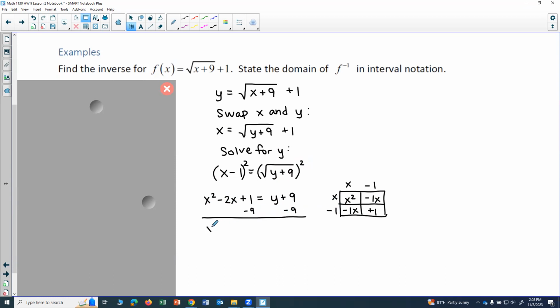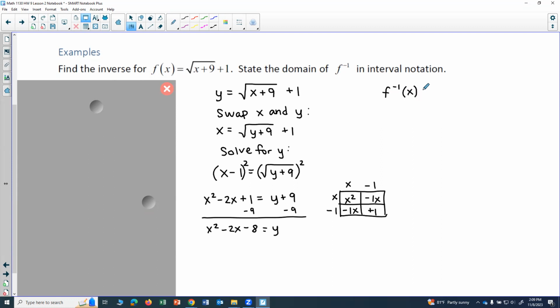And I get x squared minus 2x. 1 minus 9 is negative 8, so minus 8 equals y. This is my inverse function. So I'm going to go ahead and rewrite it up here using the inverse notation. So that's step 4 of finding the inverse function, is writing it with the proper notation.